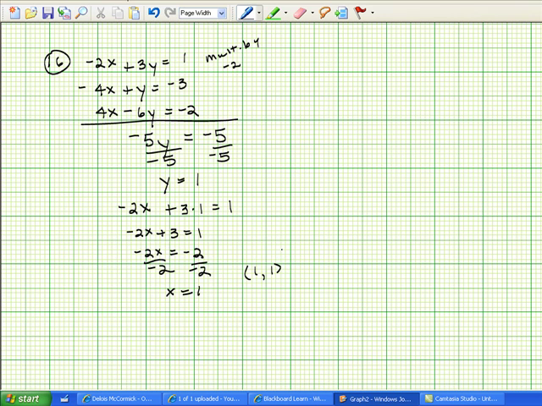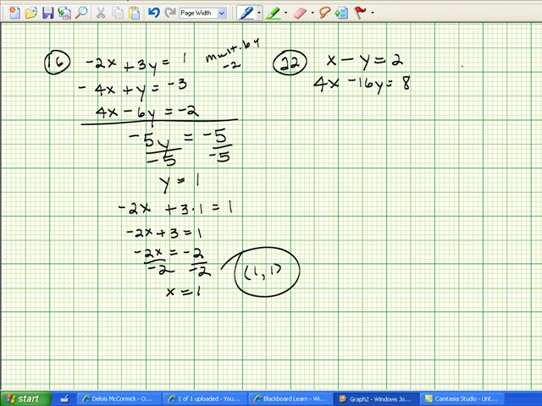So negative 2 plus 3 is 1, and negative 4 plus 1 is negative 3, so it checks. Okay, let's do 22. We have x minus 4y equals 2, and 4x minus 16y equals 8. Okay, I'm going to multiply the top one by negative 4 to eliminate the x's.